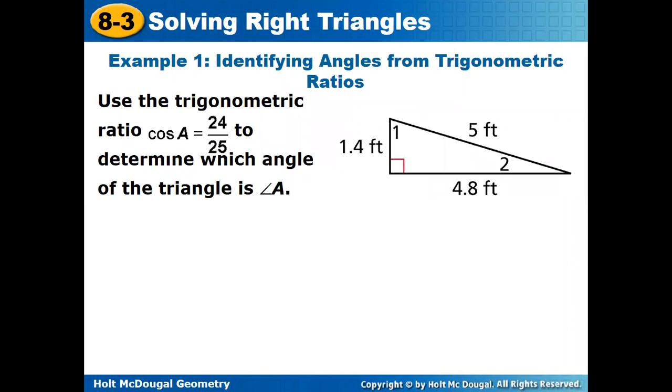Let's see example 1. If we have a right triangle like this one, which contains a right angle here and two acute angles, angle number 1 and angle number 2, and the three sides, which are the hypotenuse 5 feet long and the two legs, the short leg 1.4 feet and 4.8 feet.